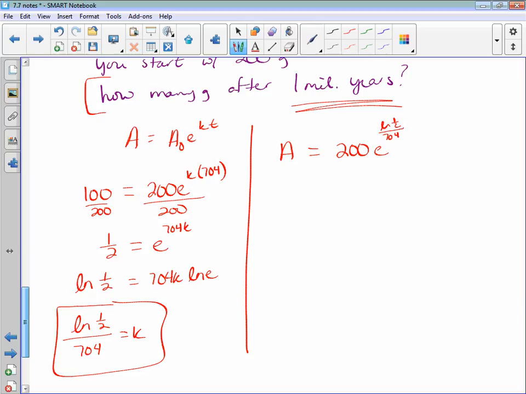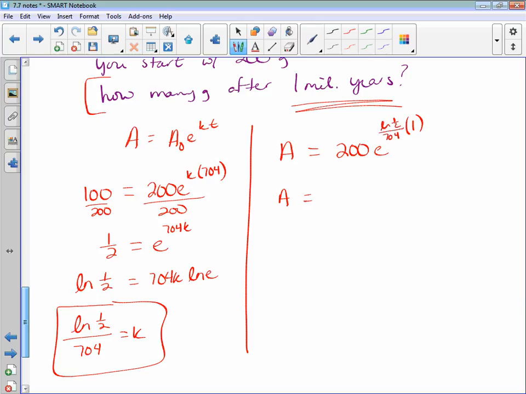If it's a calculator part, you could key that in and then store the value. If it was a non-calculator question, you would set it up to this point and be done. Calculator question, you would key all of that in and get an answer of how many grams are left.